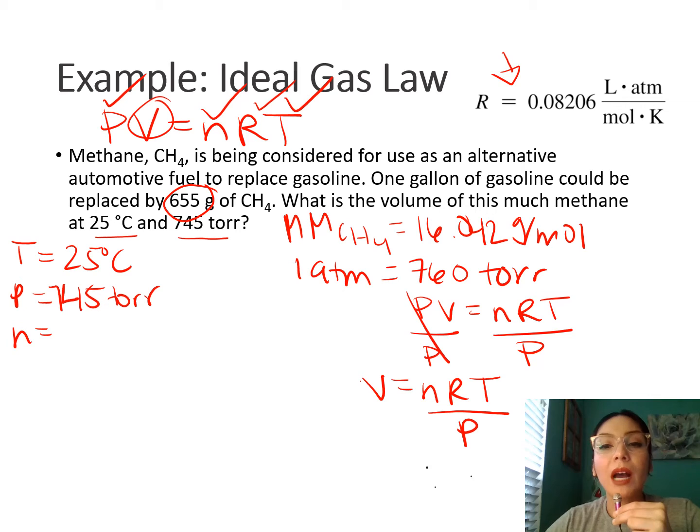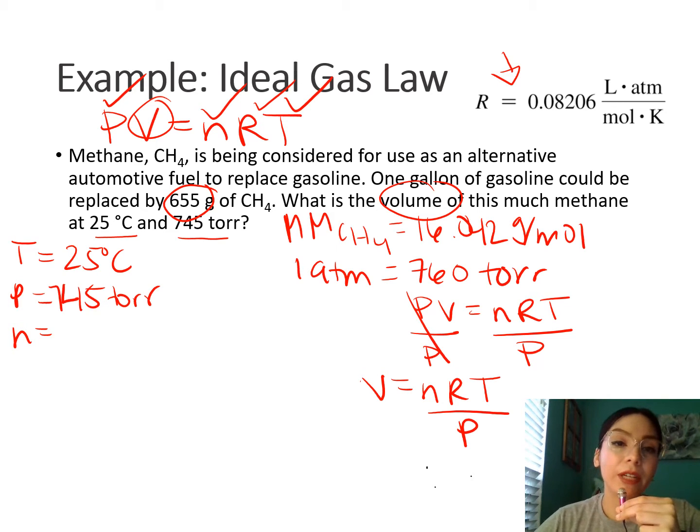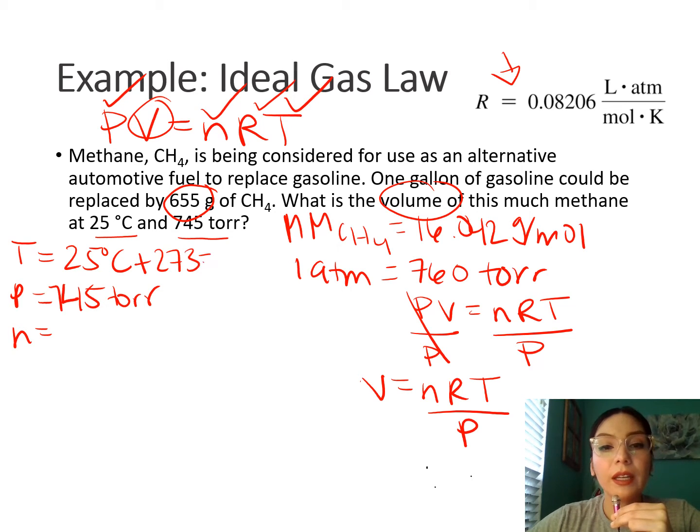Now that we know how we're going to solve this, we have volume isolated. Volume is our unknown. All we have to do is make sure everything's in the correct units, and then we just plug and chug. So 25 degrees C, we need to add 273 to that, and that gives us 298 Kelvin.